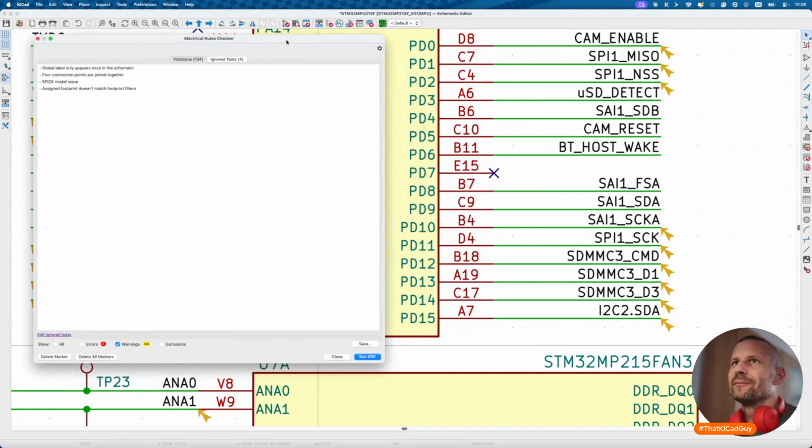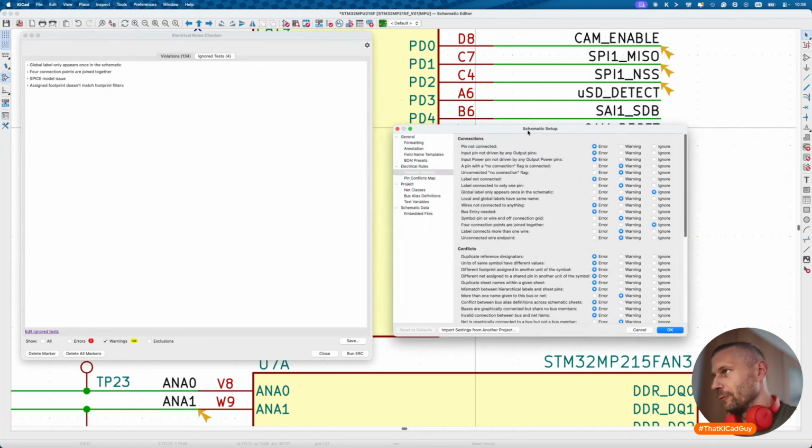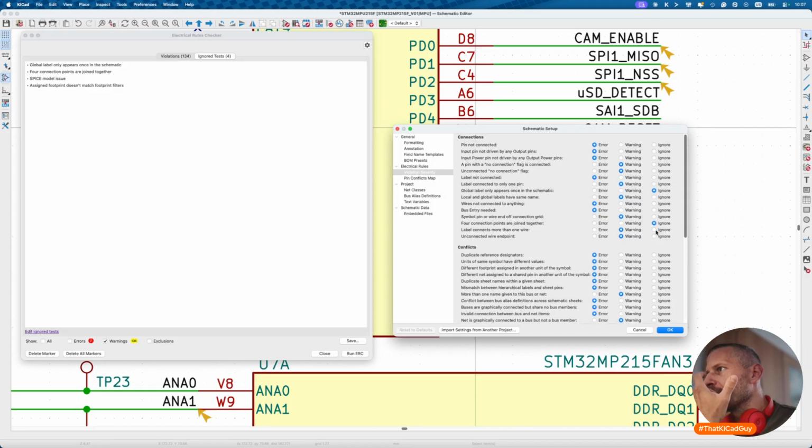So you can edit the ignored test from here, but this window stays on top. Very convenient. Global label, okay. 4 connection points.